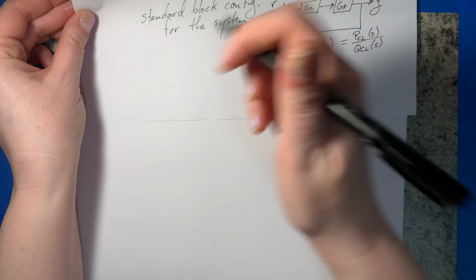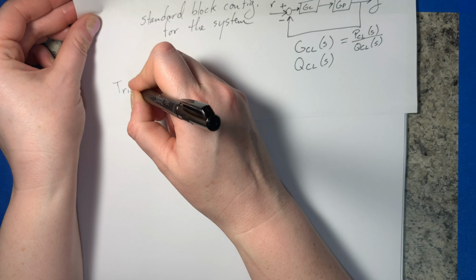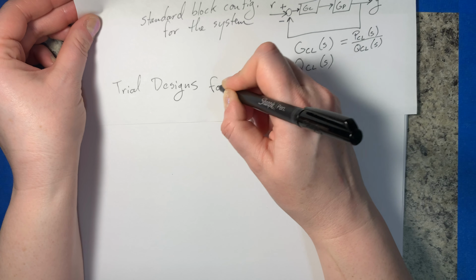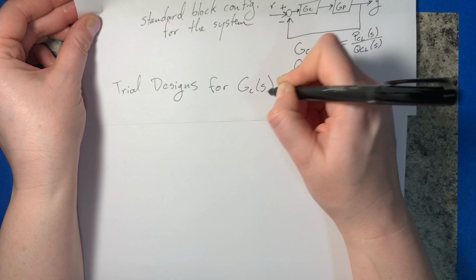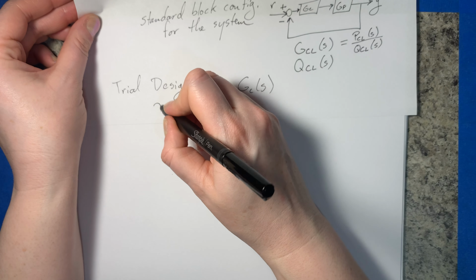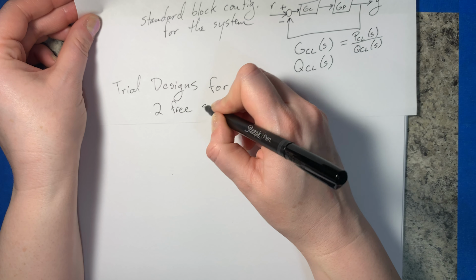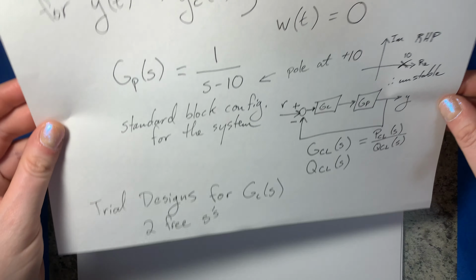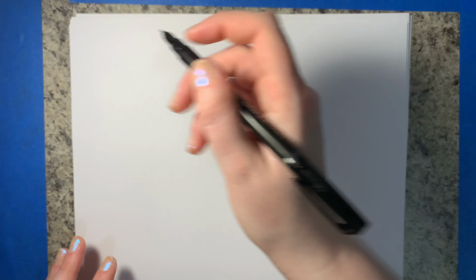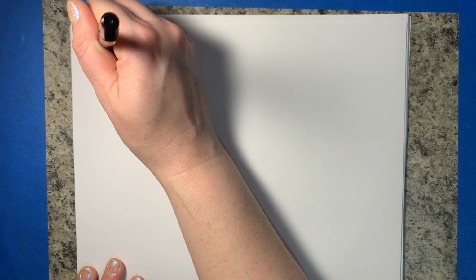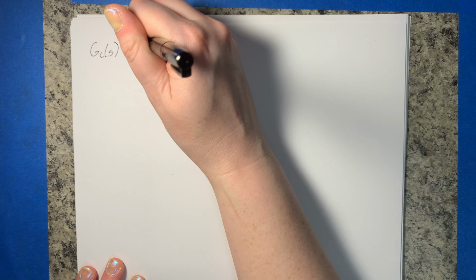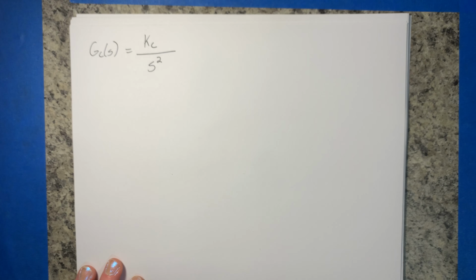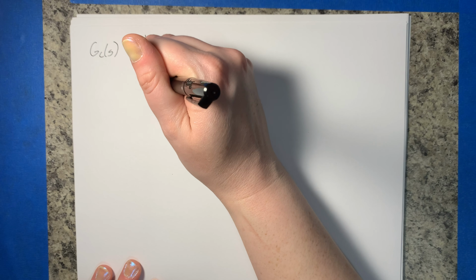We're going to come up with some trial designs for GC(s), and we know that we will need 2 free s's included since we are not given any in our GP. So we'll start off with KC over s squared. There's our free s right there, and that'll be our first trial design.